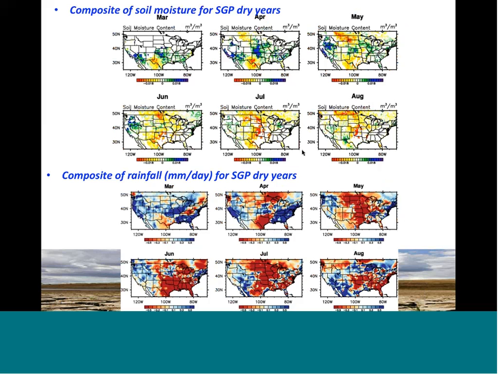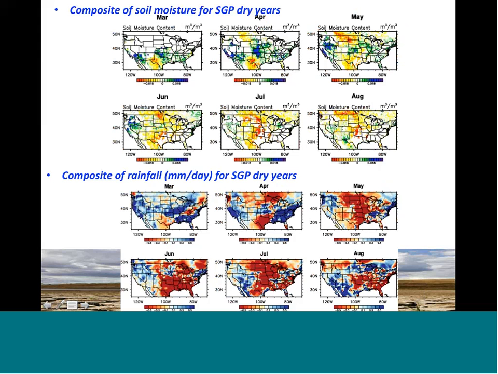And so you can see the persistence in both rainfall and soil moisture from spring to summer. The bottom six panels show that this rainfall anomaly over southern Great Plains, especially Texas, persists from early spring to late spring and the summer, and you see also persistent negative soil moisture anomalies.